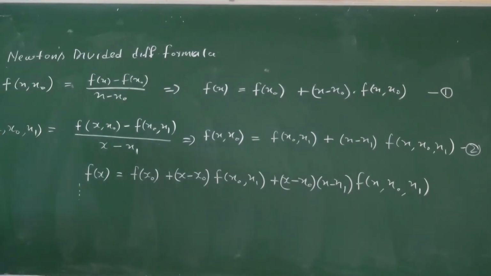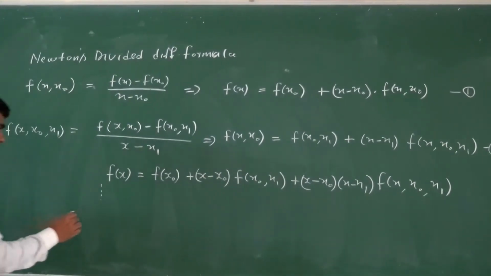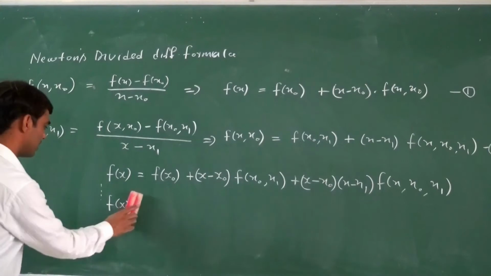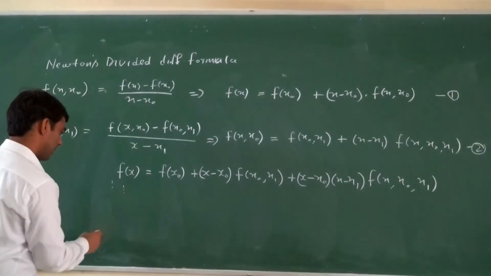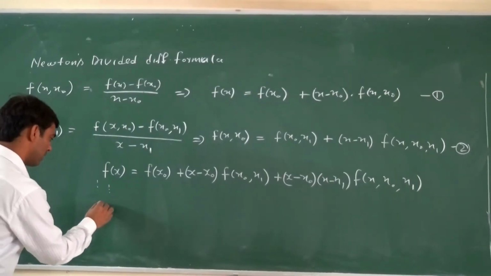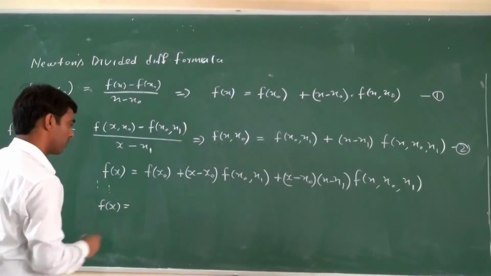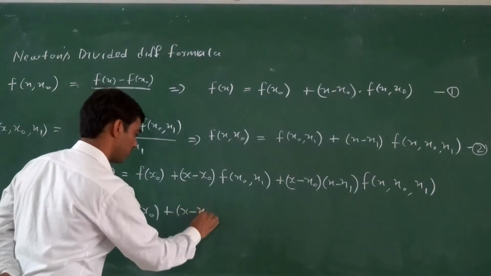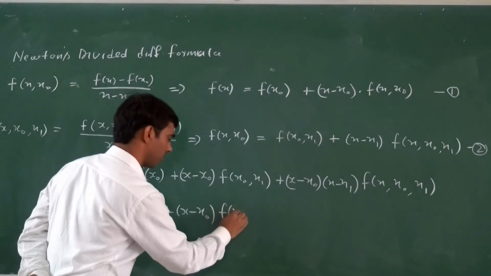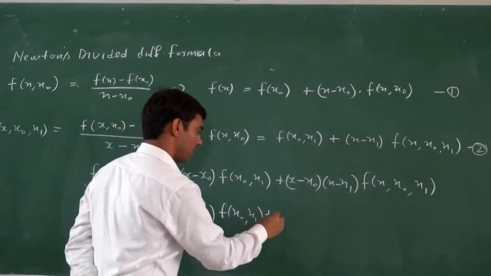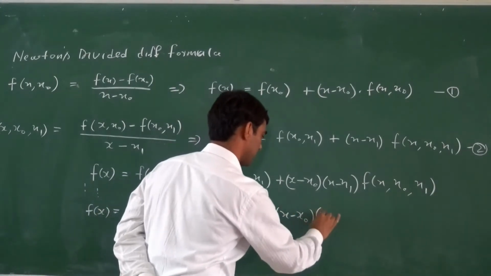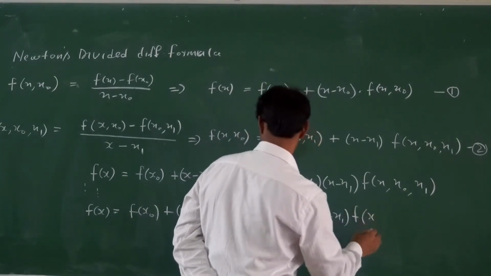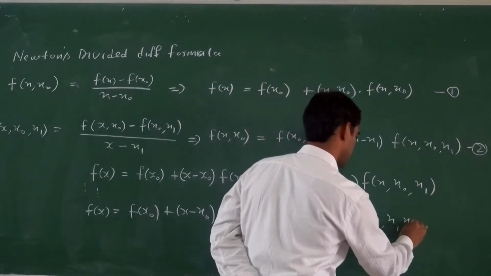What is the general Newton divided difference formula? For n plus 1 arguments, f(x) equals f of x0 plus (x minus x0) first order divided difference f of x0, x1 plus (x minus x0)(x minus x1) f of x0, x1, x2.